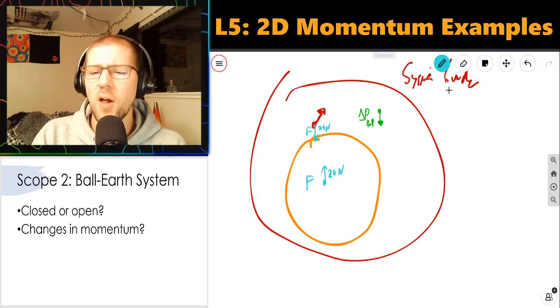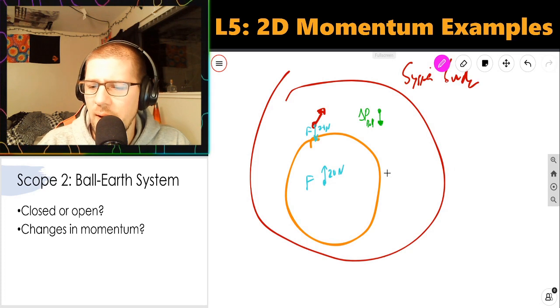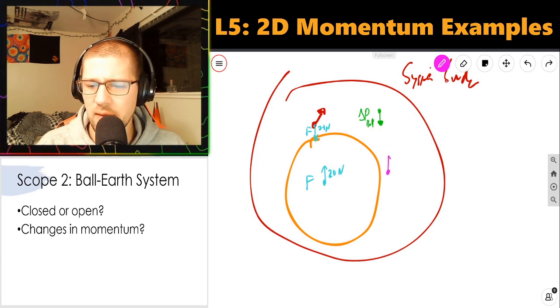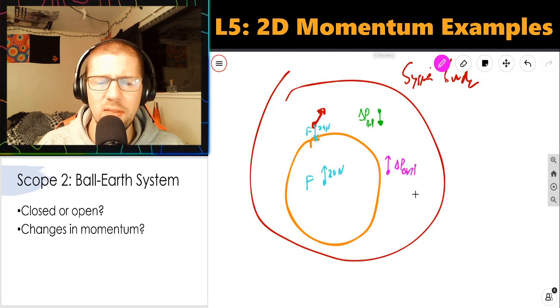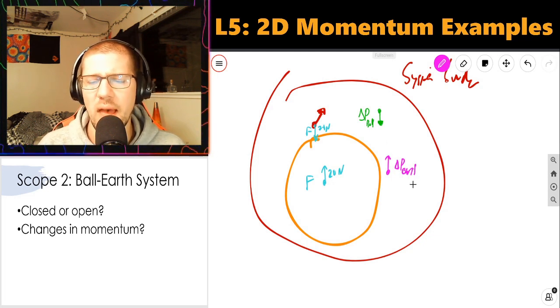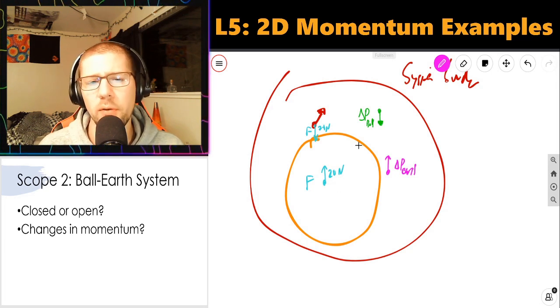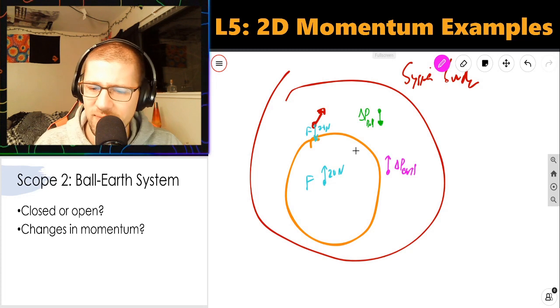So as this ball is falling back to the Earth over that 2-second interval, the momentum of the Earth is also changing by the same amount. So delta P Earth changes by the same magnitude and in the opposite direction. As the Earth pulls the ball to the ground, the ball pulls the Earth toward it, I guess toward the sky, if you like.